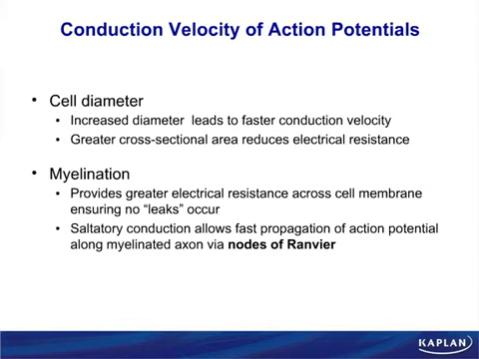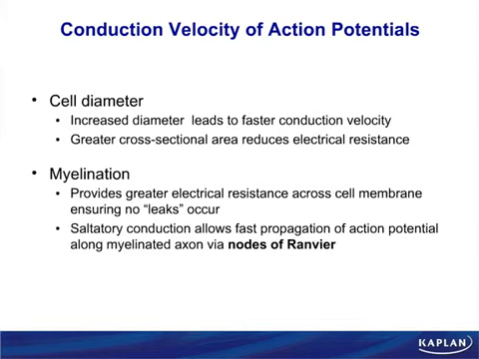Well, it turns out these fast sodium channels cluster at the nodes of Ranvier, which are breaks in the myelin. And so this is where we regenerate the action potential, is at the node. So it looks like the electrical current is bouncing from node to node. And that's what saltatory conduction means.